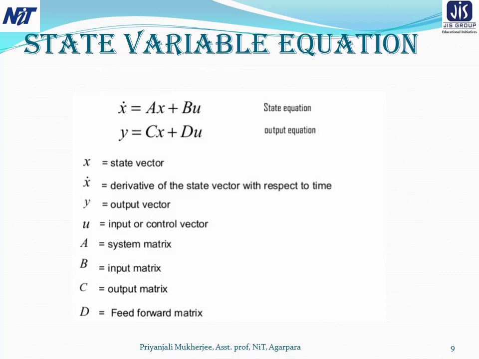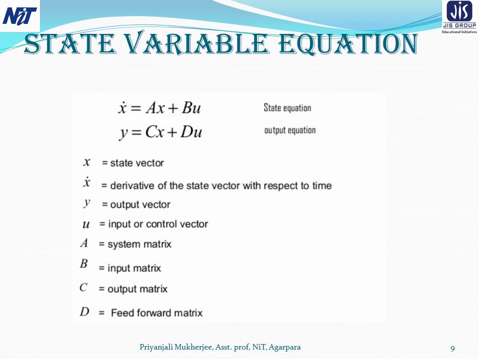The state equation is x dot equals Ax plus Bu, and y equals Cx plus Du is the output equation. The number of state equations and state variables is equal to the order of the differential equations required to model it, and we can rewrite the equations for a time varying system with coefficients A and B, where A and B are not constants but functions of time.